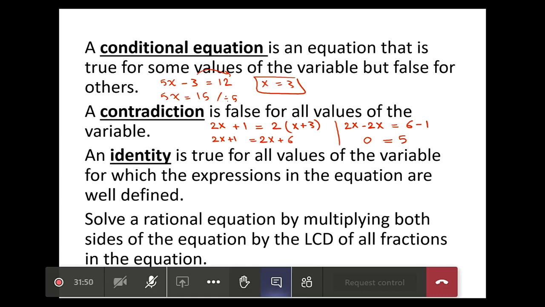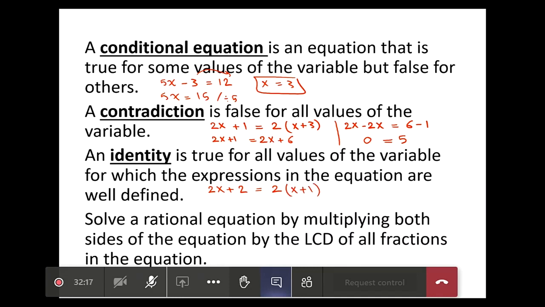Identity equation, any value put it in the equation, this is correct. Any value. For example, if we have 2x plus 2 equal 2x plus 2, this is correct, or this is identity.